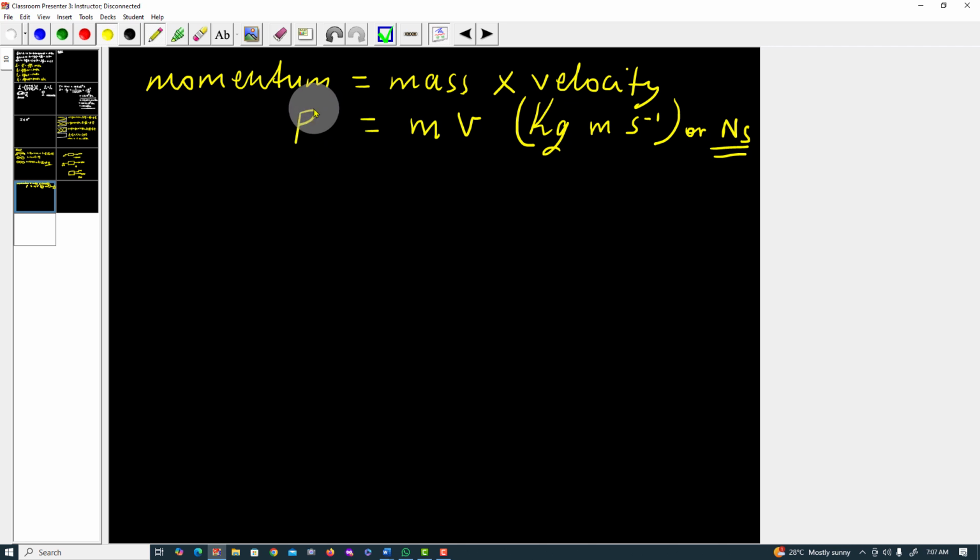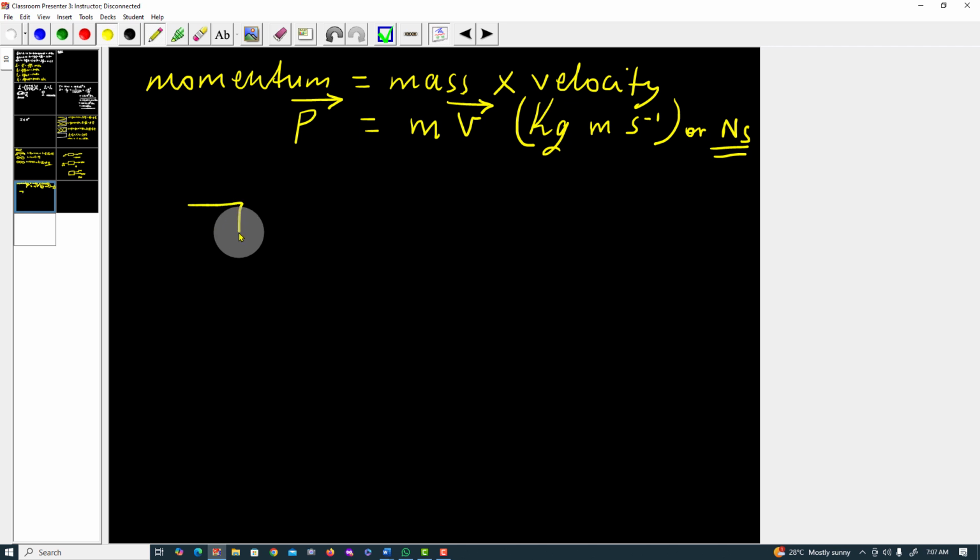Momentum is a vector. And a vector is a physical quantity which has both direction and magnitude. The direction of momentum is the same as the direction of the velocity of the object.